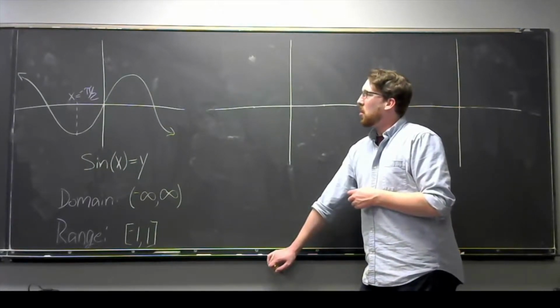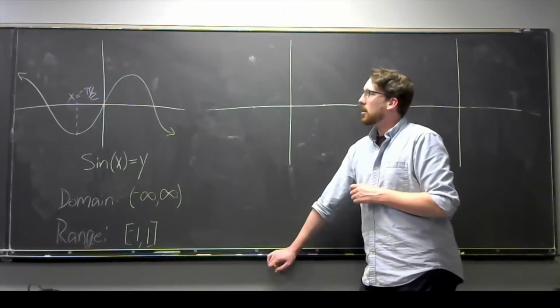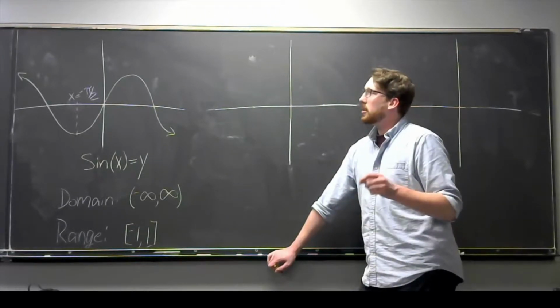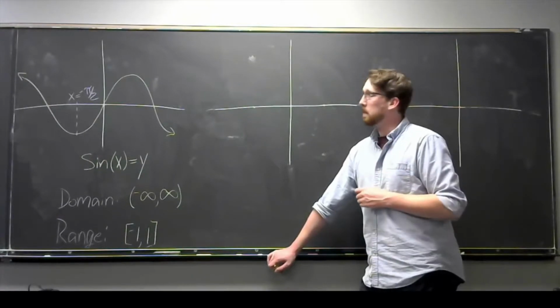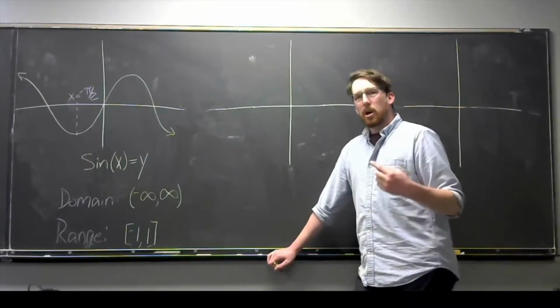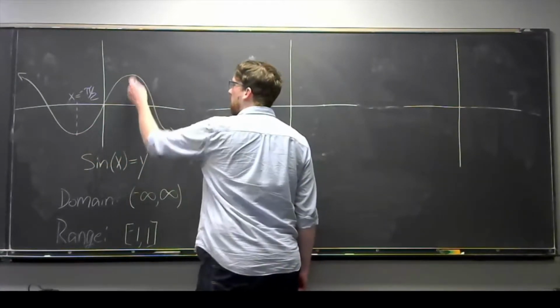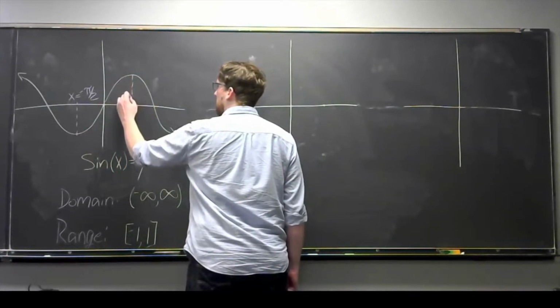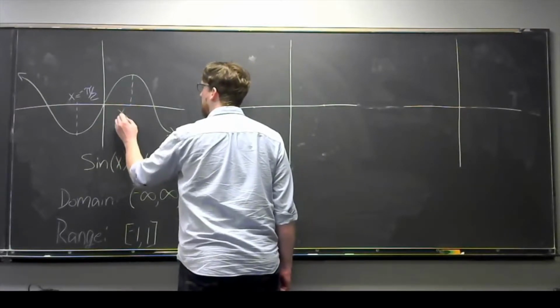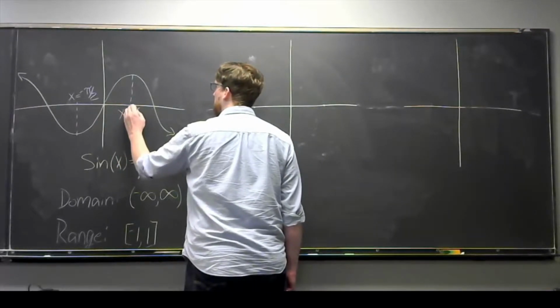So, we're starting at the point where x is equal to negative pi over 2. We're going to move to the right. We're going to keep moving, and we're going to get to the place where x is equal to pi over 2.